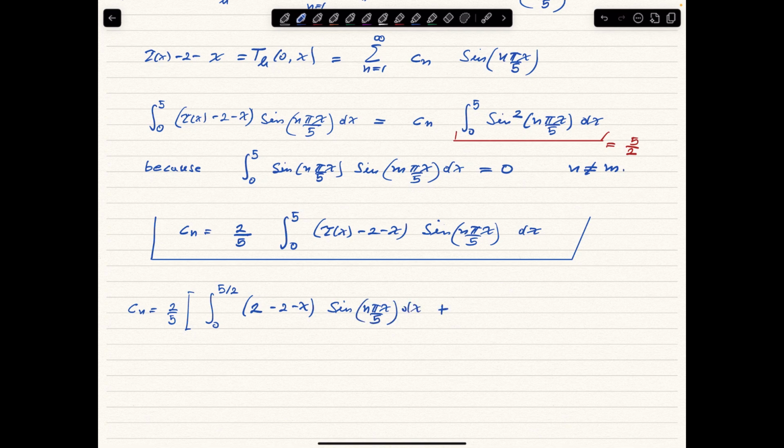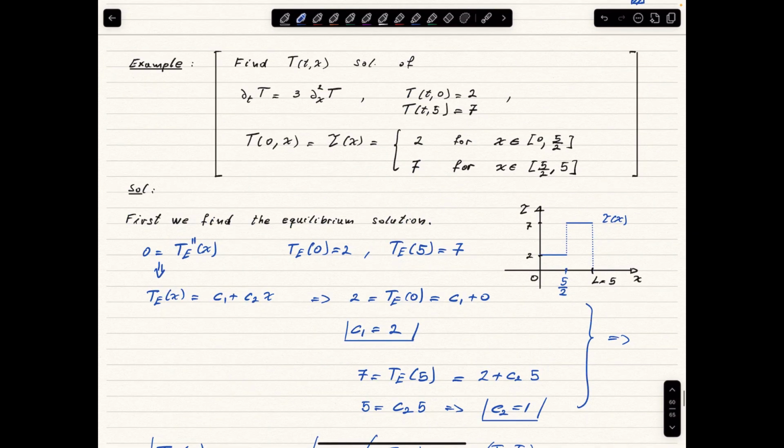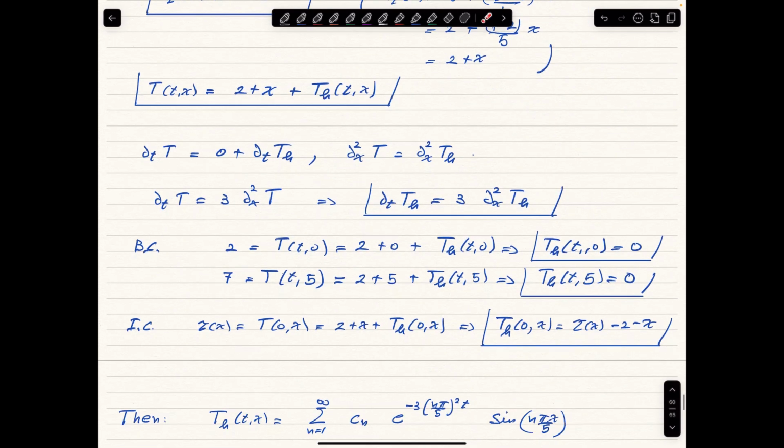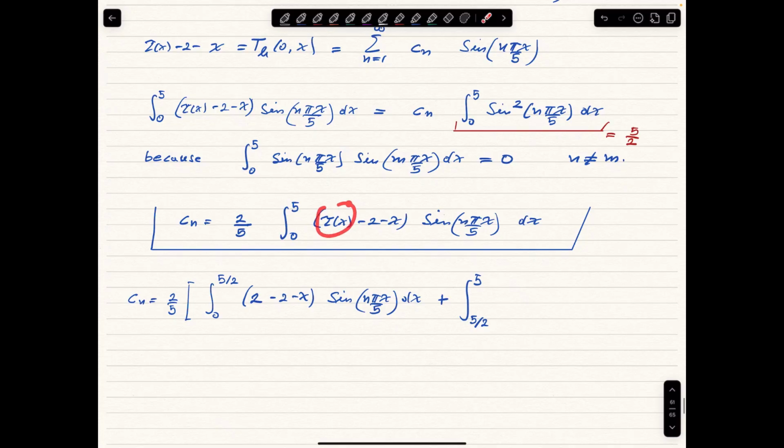Then we have to add the integral from 5/2 to 5 of the same function, but between 5/2 and 5 the function tau takes value 7, so we can replace this function by 7 in this side of the interval, minus 2 minus x, sine of n pi x over 5 dx.